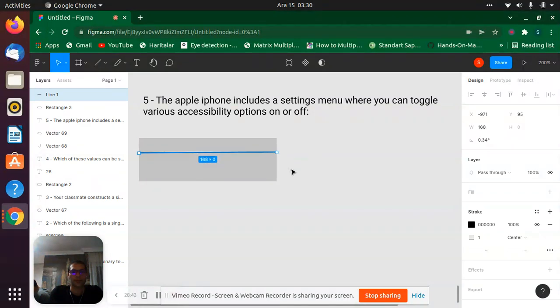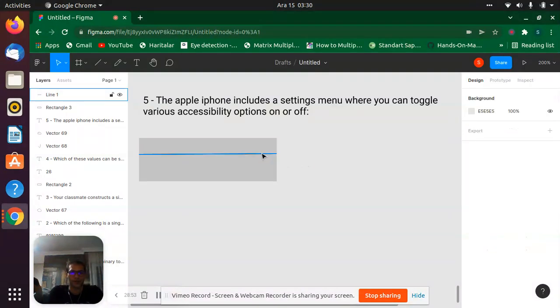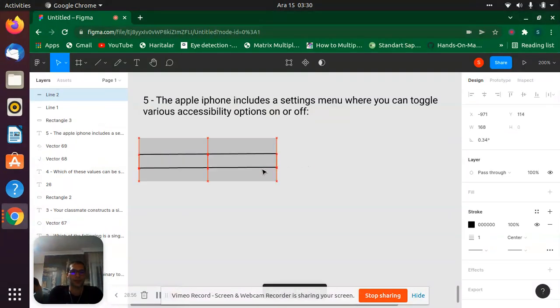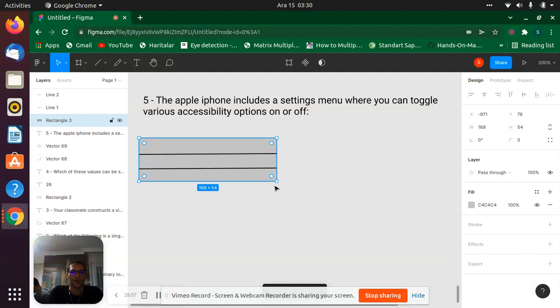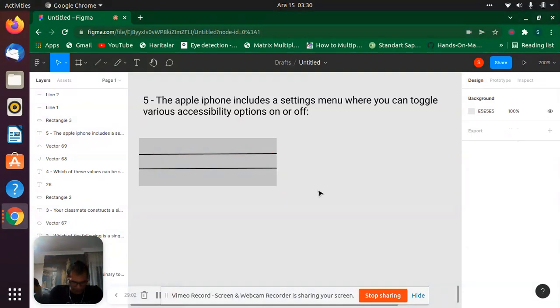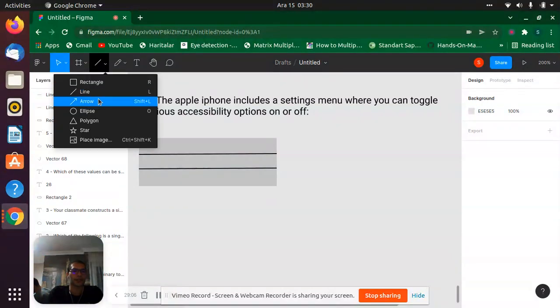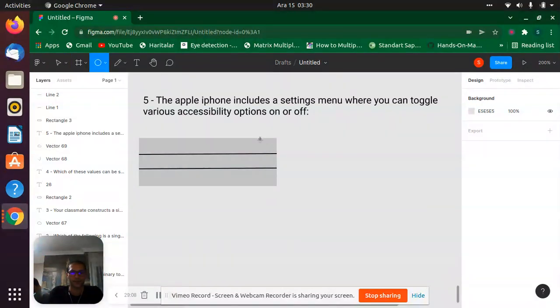This one is good. Tag one down. Maybe we can make it a little bigger. This one is okay. Now we have something here. I will do it with an ellipse.